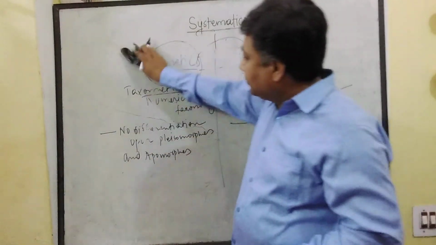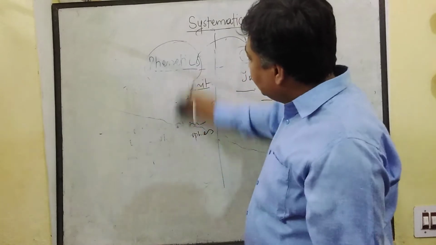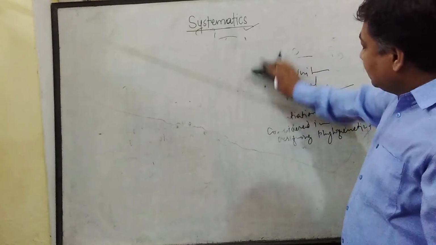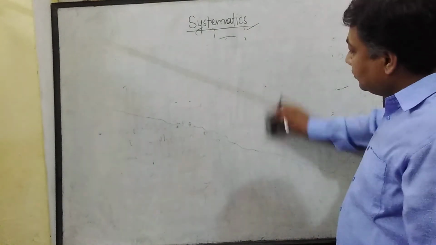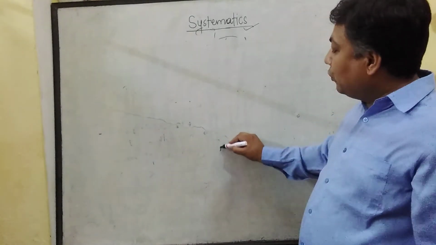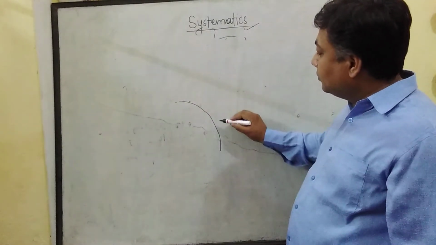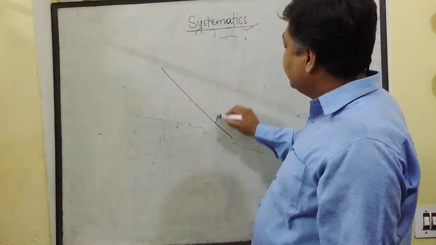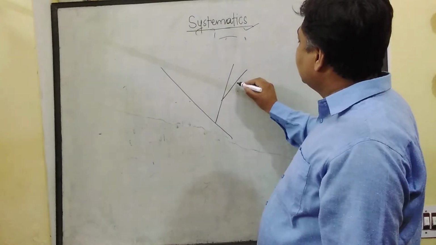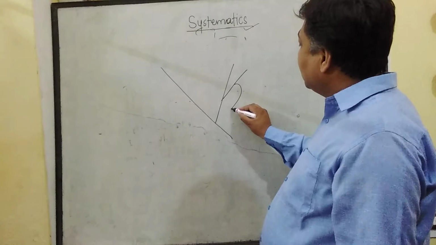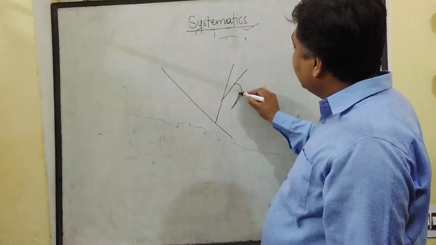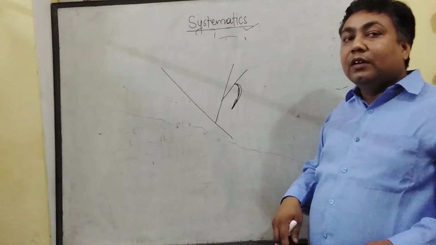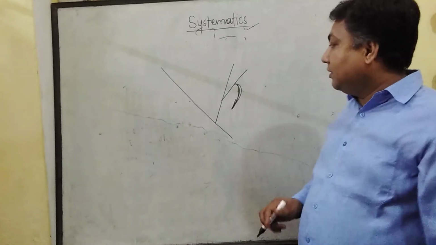So the cladogram shows whether, if a line has been shown in such a way, then this shows retrogression. Retrogression means moving towards ancestral characteristics.